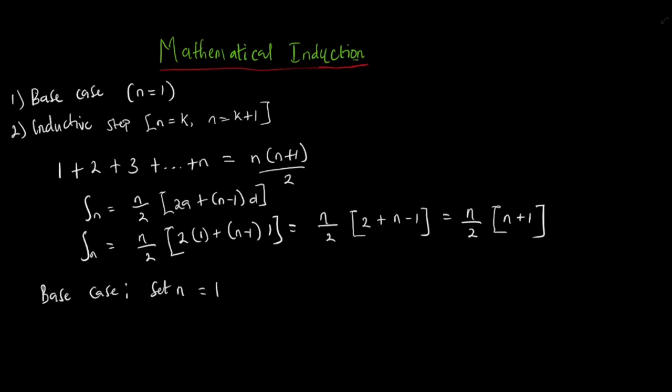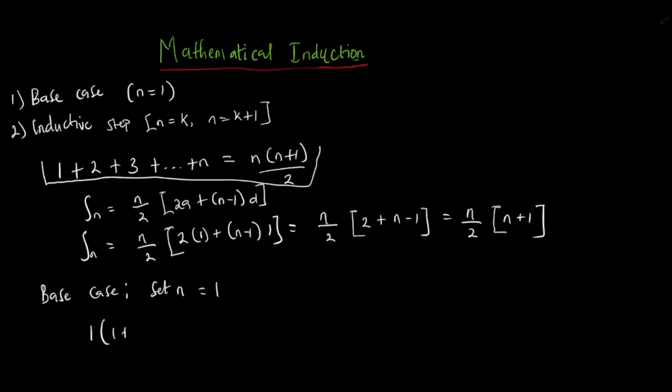So if n is equal to 1, then the right hand side of this question will be 1, because n is 1, we have to substitute 1 for n. So anywhere we see n, we are going to write 1.